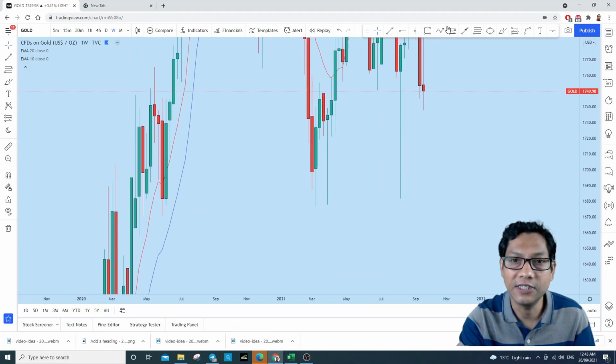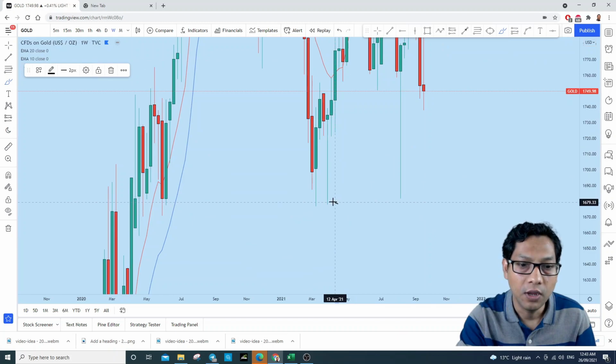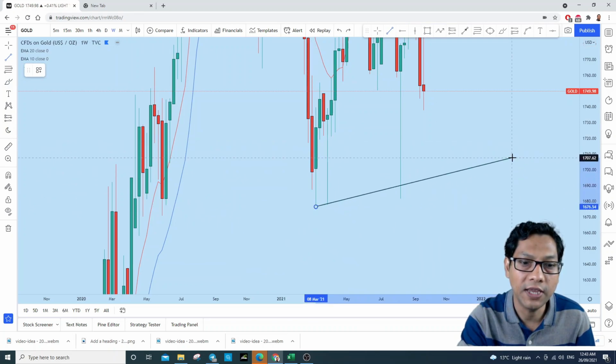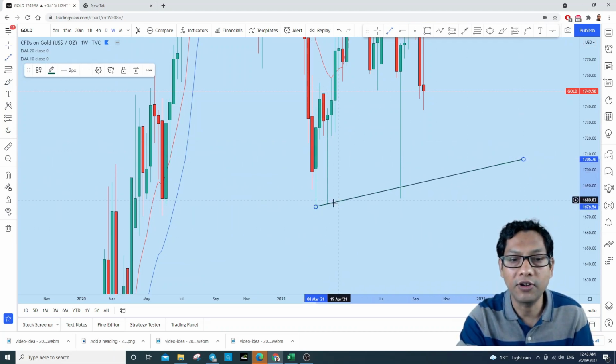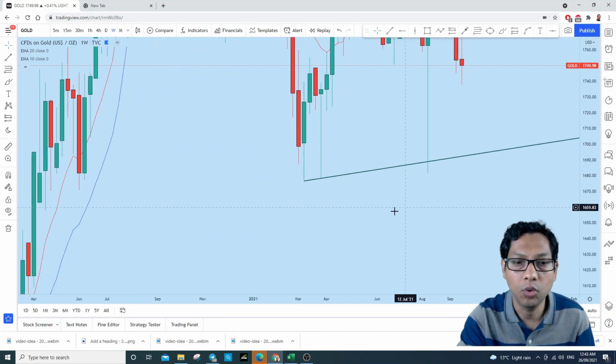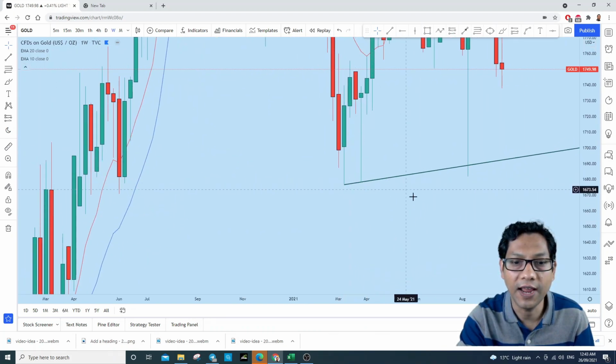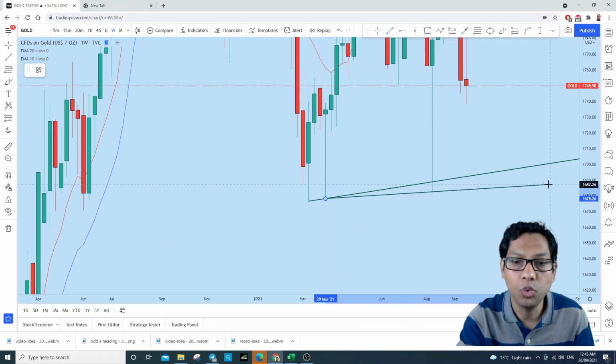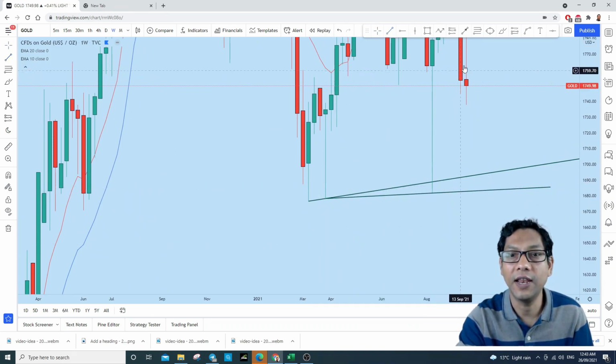Look at this here. See, this is the weekly chart, right? Look at these 2 weekly candles. Let's draw a first trend line with these weekly candles. If we draw a trend line only between these two candles, we can get a trend line like this, right? Why?